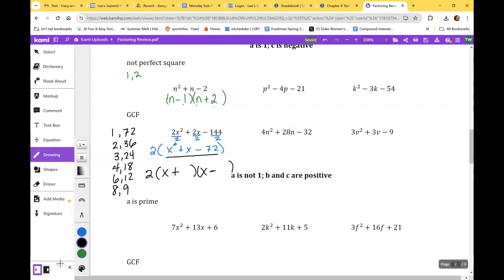Okay, start with the bottom. 8 and 9 multiply to 72. If one's positive and one's negative, that will leave us with a 1x. And the bigger one has to be positive, so this will be +9 and -8. And that's your answer.